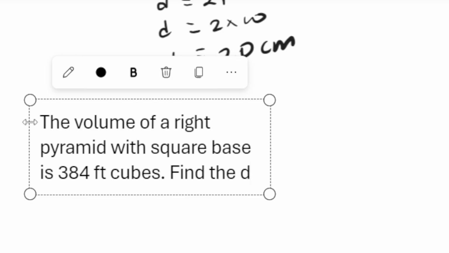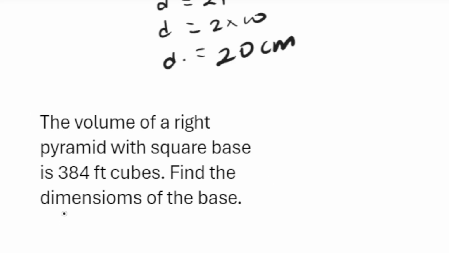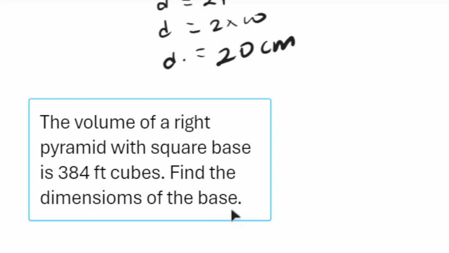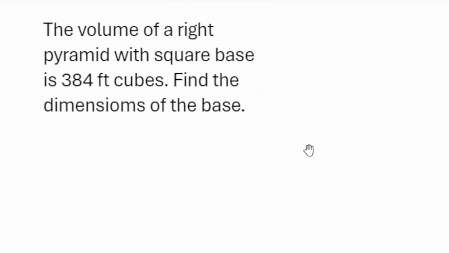So this is the question. The volume of a right pyramid with square base is 384 feet cubed. Find the dimension of the base. The base is square, meaning that all the sides are the same.